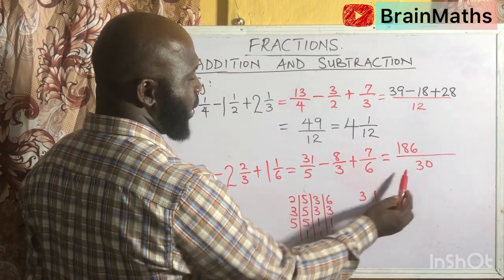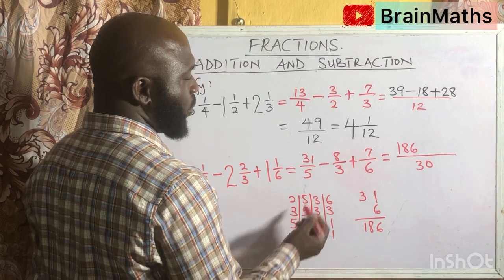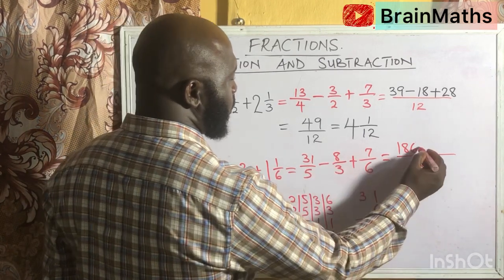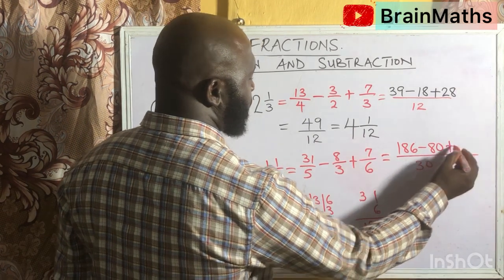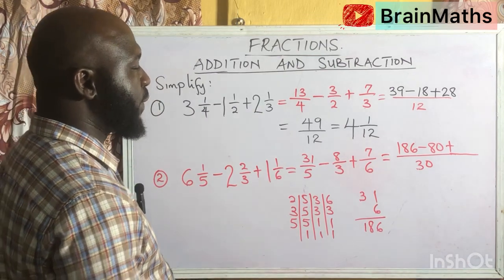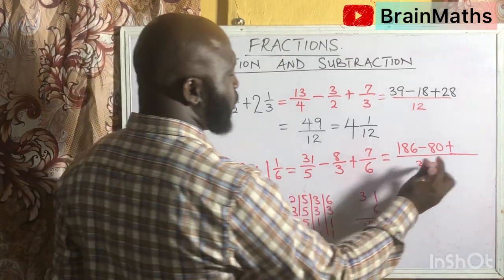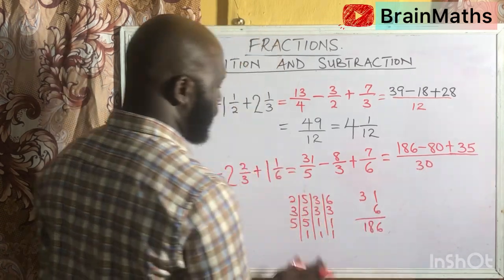How many 3 can we get in 30? That is 10. 10 times 8 will give us 80. Plus, how many 6 can we get in 30? That is 5. 5 times 7 will give us 35.